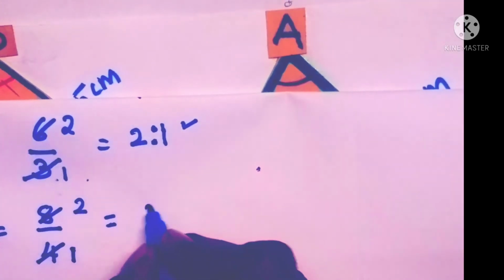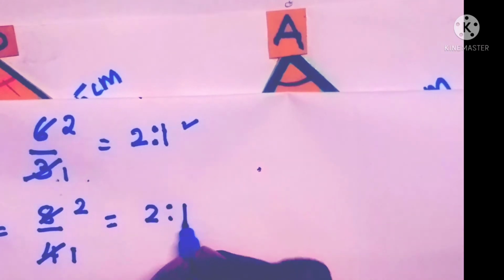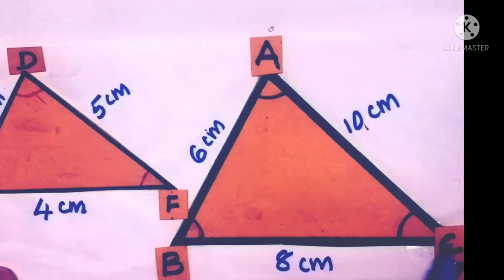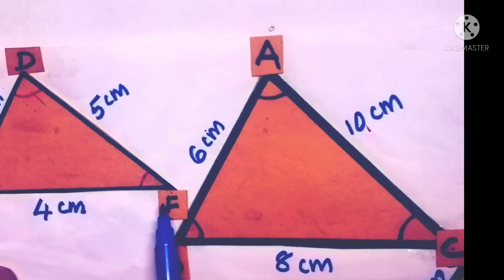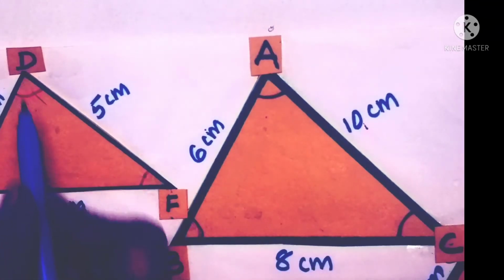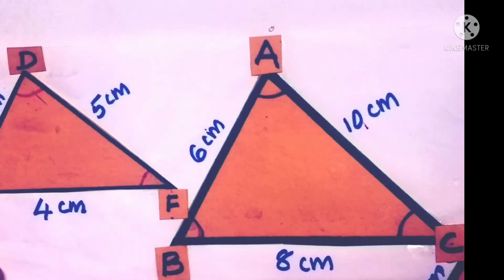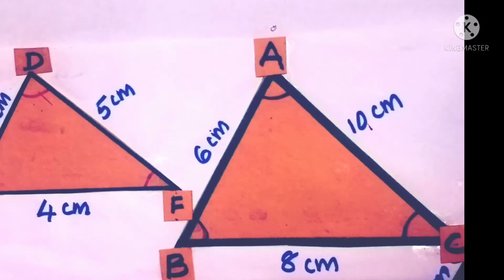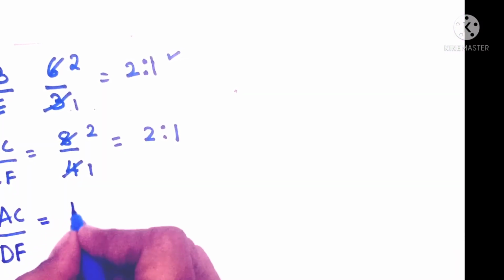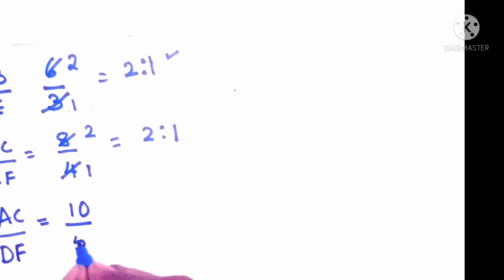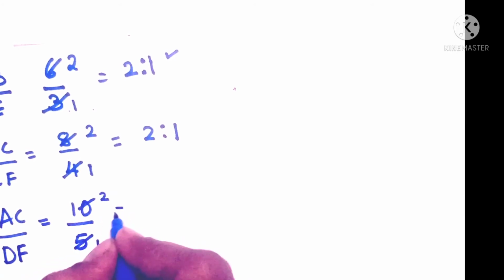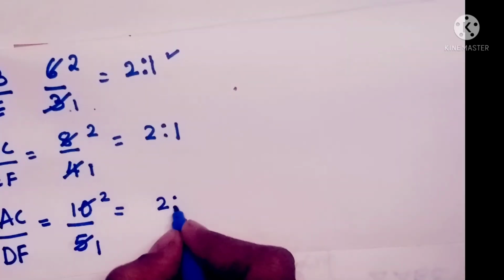So again we get 2:1. If we take the sides AC and DF, which are the corresponding sides, AC is 10 centimeters and DF is 5 centimeters. Let me take their ratio, AC by DF. AC is 10 and DF is 5. When we simplify, we get 5 twos are 10 and 5 ones are 5. So here also we get 2:1.